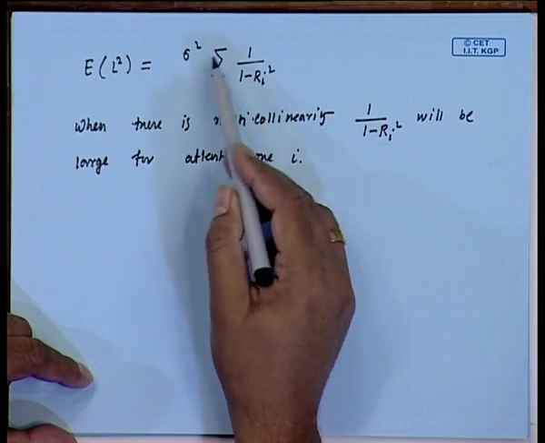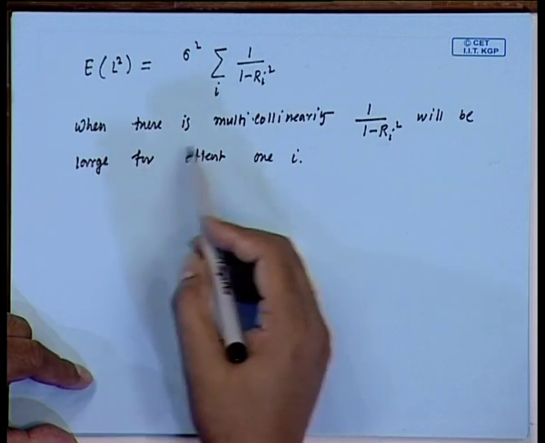When R I square tends to 1, then 1 by 1 minus R I square will tend to infinity.